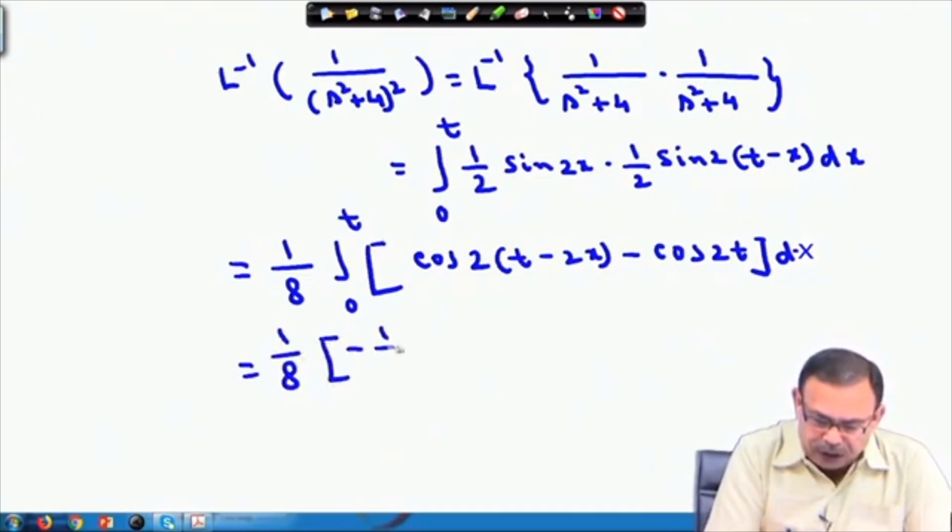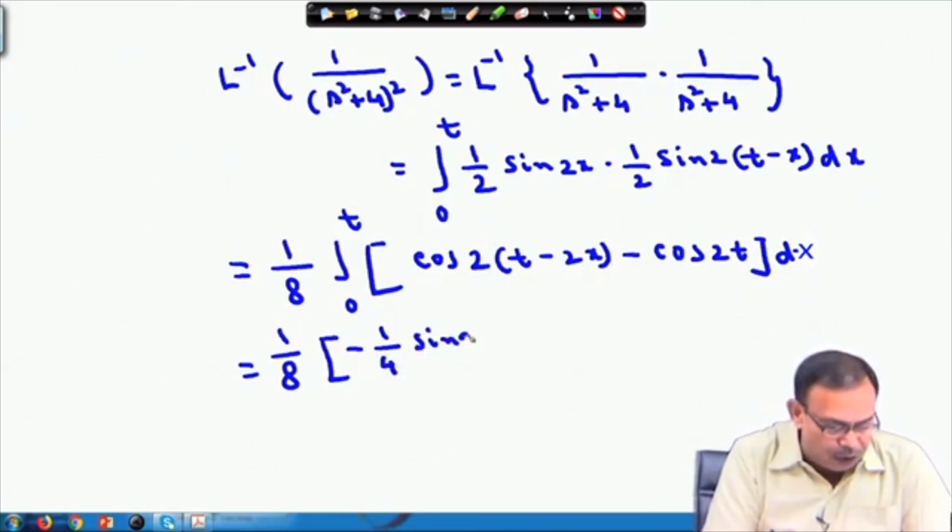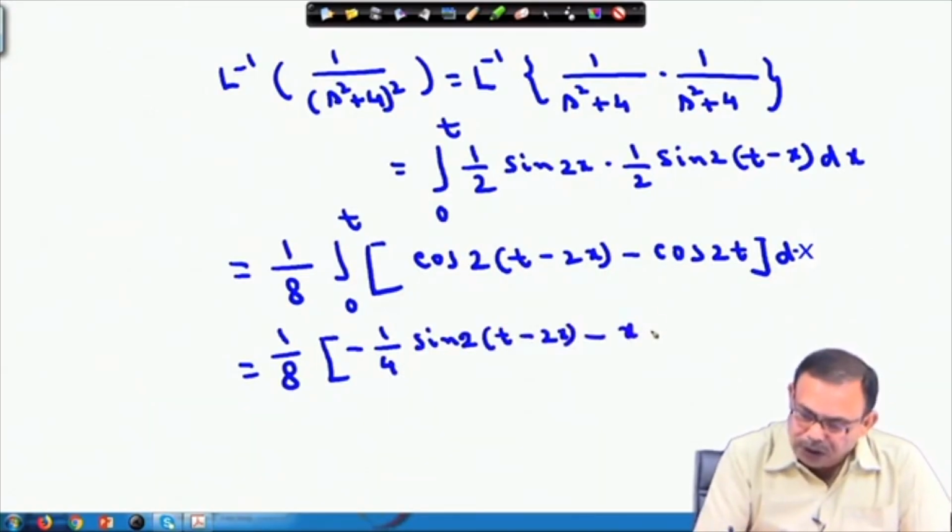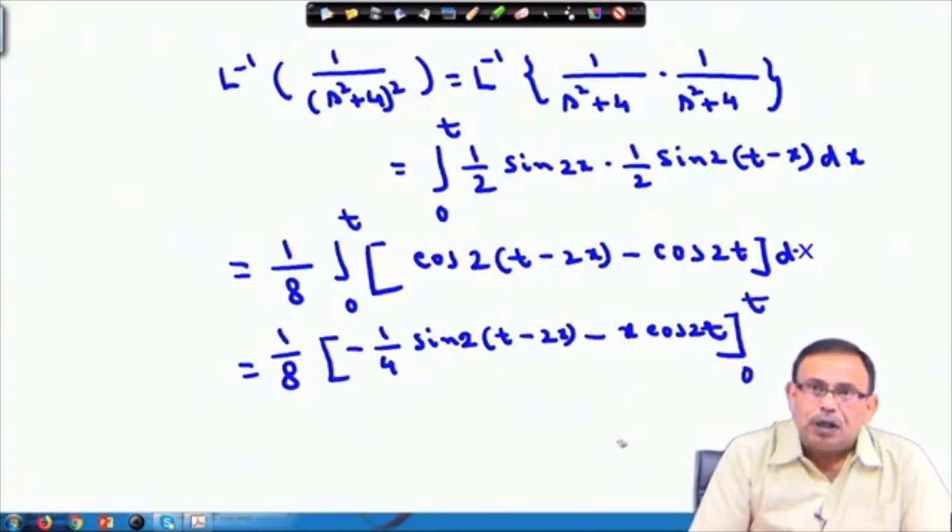So, I will obtain minus 1 by 4 sin 2 into t minus 2x minus x into cos 2t, and the limit is from 0 to t.